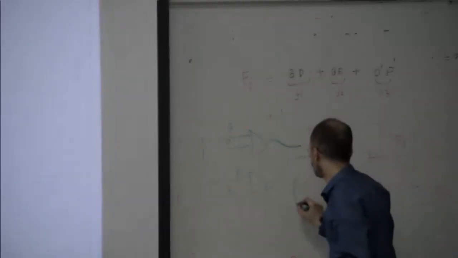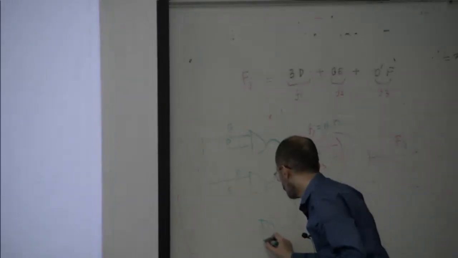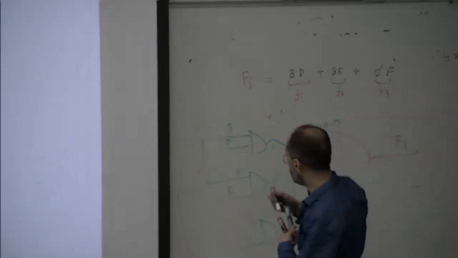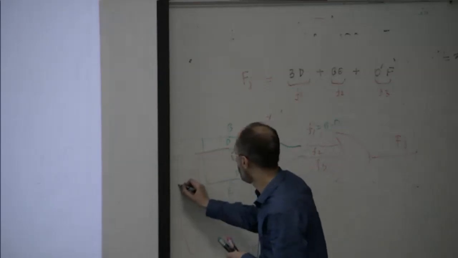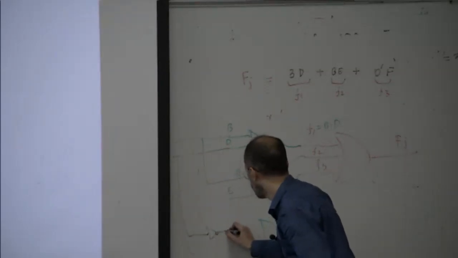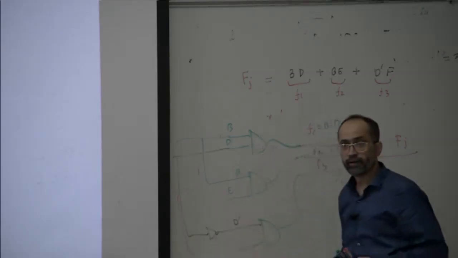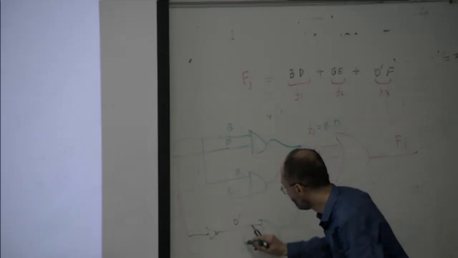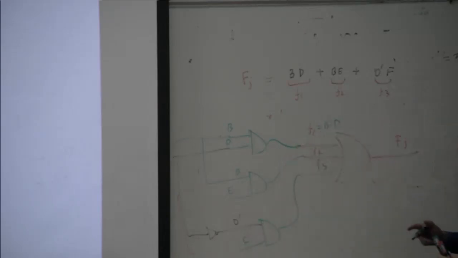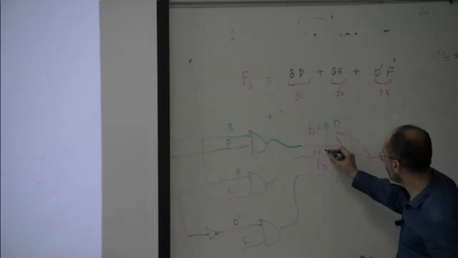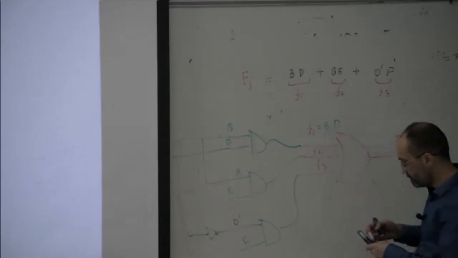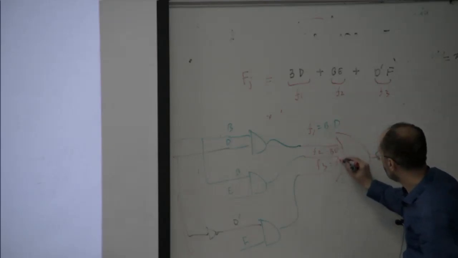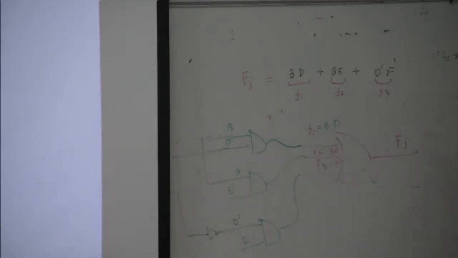D bar F. We have D here, and we want to invert it. So this is D bar, and then F. Good. So F1 is BD, F2 is BE, and F3 is D bar F. Any question? Should we proceed?